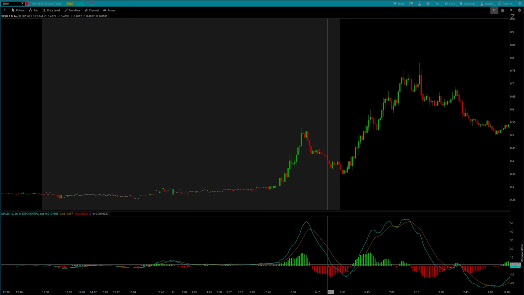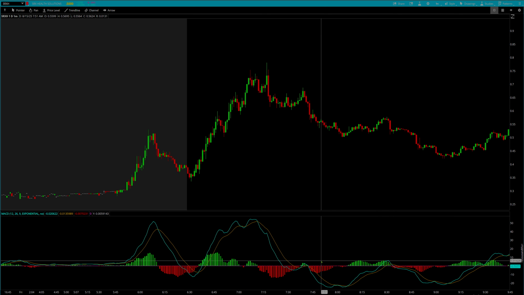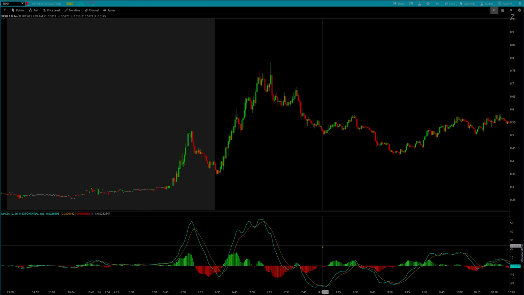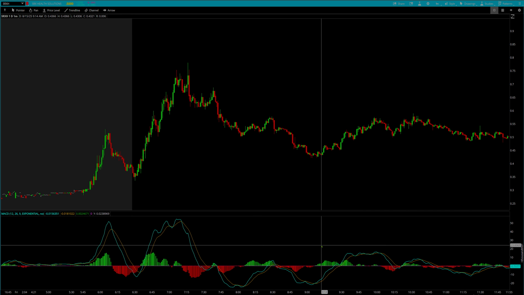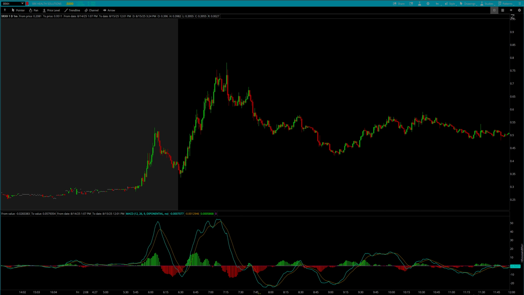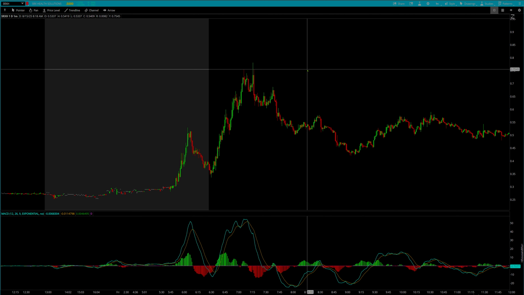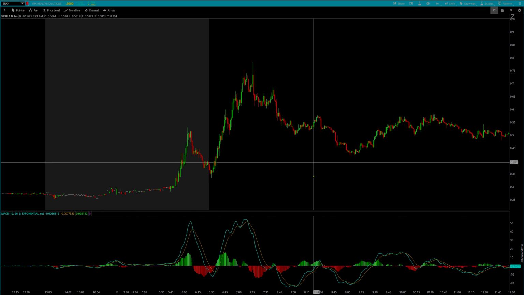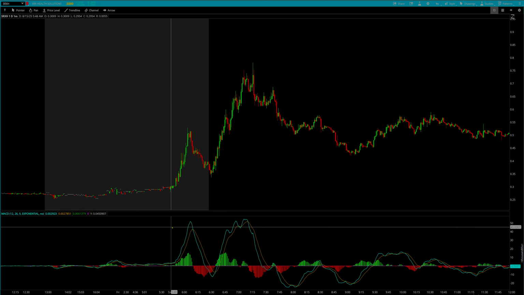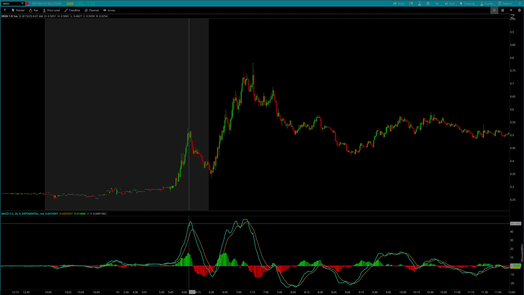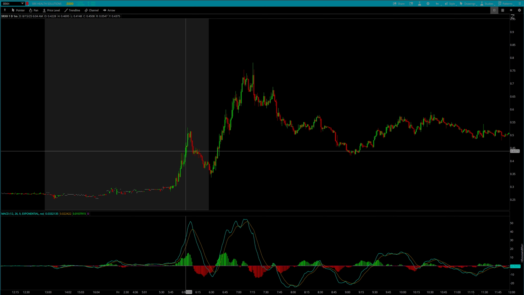So this is one indicator that's going to help you make some decisions about trades. It doesn't always hold true. I've seen stocks that are down here and the volume is so high that the stock's going up. But in general terms, this is what you want to look for. You want to look for these crossovers, and that's where you're going to take your trades.